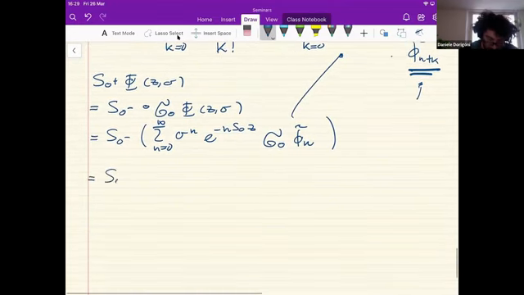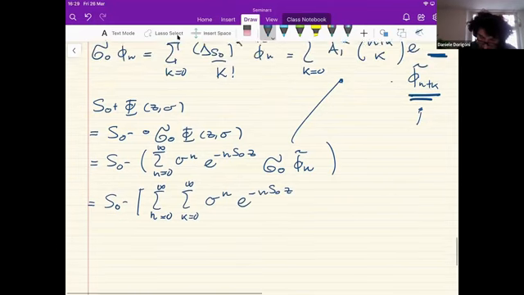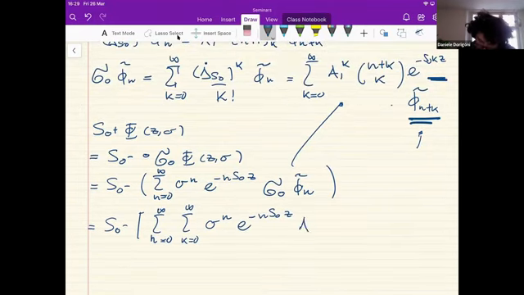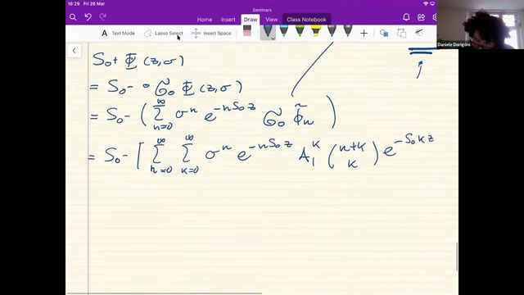So we get S0 minus the sum for n equal to 0 to infinity, sum k equal to 0 to infinity, sigma to the n, e to the minus n S0 z. And then let me plug in this expression: A1 to the k, n plus k choose k, e to the minus S0 k z, and phi n plus k tilde.